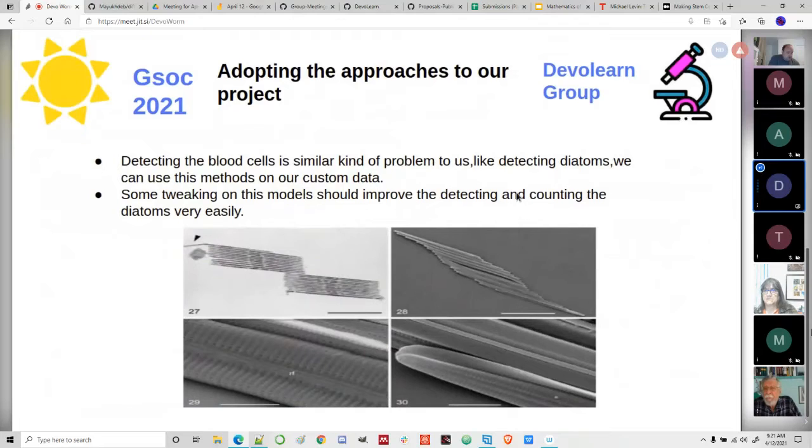We can adapt these kinds of approaches, since detecting blood cells is a similar kind of problem to ours. The only difference is that we also want to detect the movement of the diatoms, so we need some tweaking in the model to improve detecting and counting the diatoms easily.